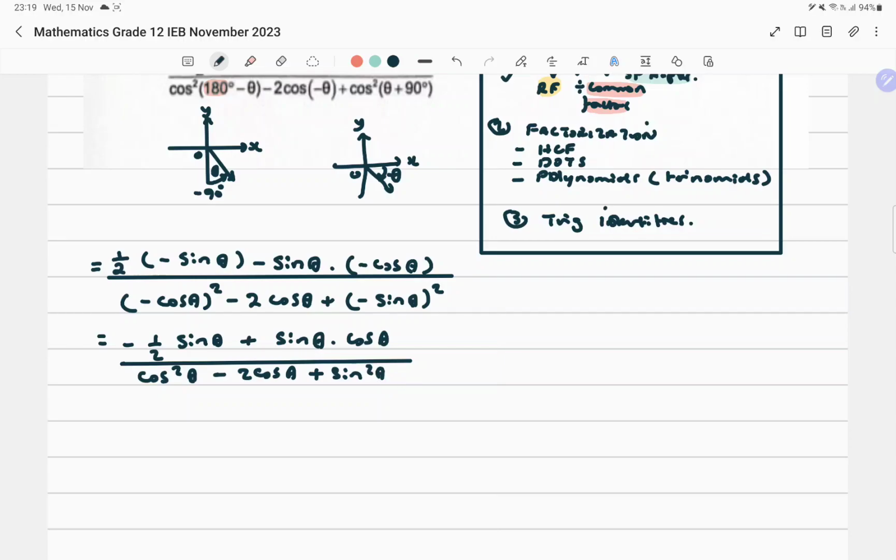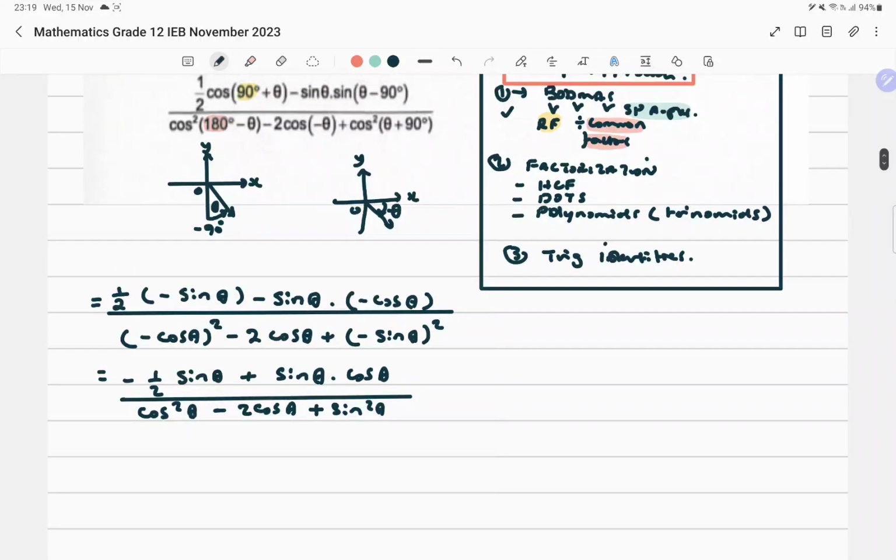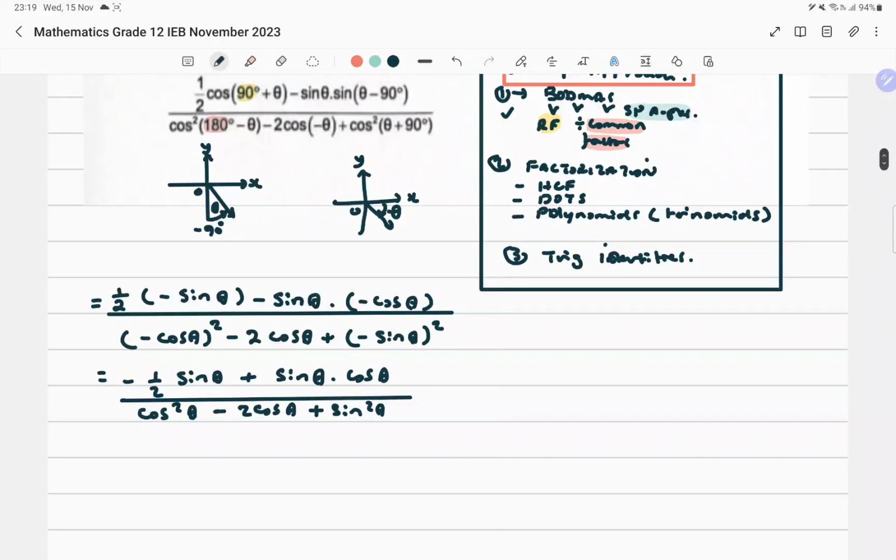Okay, so now we're taking a bit of shape. What do we know? What can we do here? In the numerator we can factorize this thing. So this step is kicking in. We can see there's a common factor, sine theta. So we can take out sine theta and see what we get.